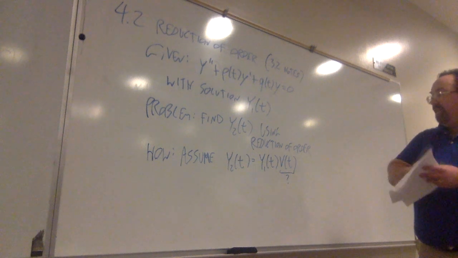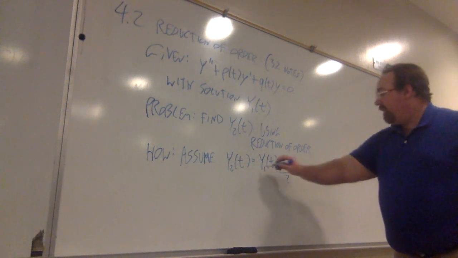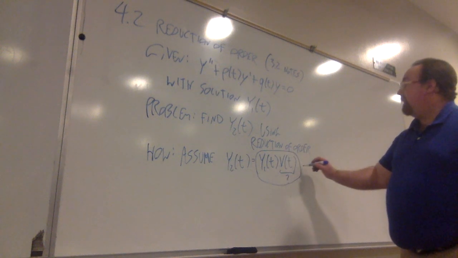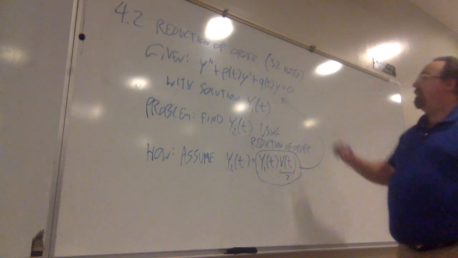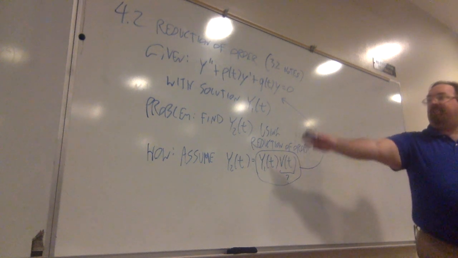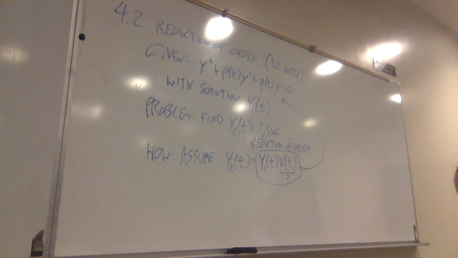But what you do is you take this form, y1 times v, and you substitute it into here. And you simplify it, keeping in mind that y1 is already known to be a solution. That causes a lot of terms to drop out.